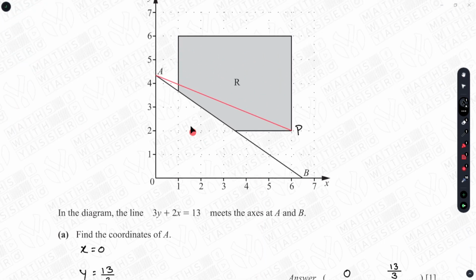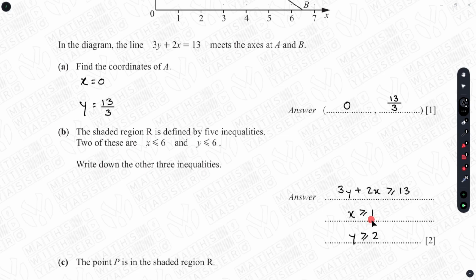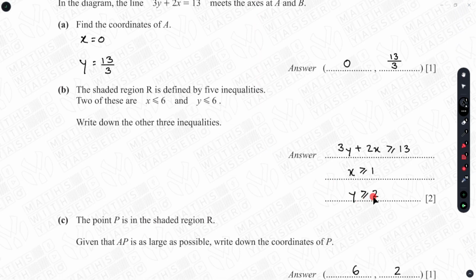Also, the shaded region is after x equals to 1, hence it will be x is greater or equal to 1. Also, since the shaded region is above this horizontal line, which is y equals to 2, therefore it will be y is greater or equal to 2.